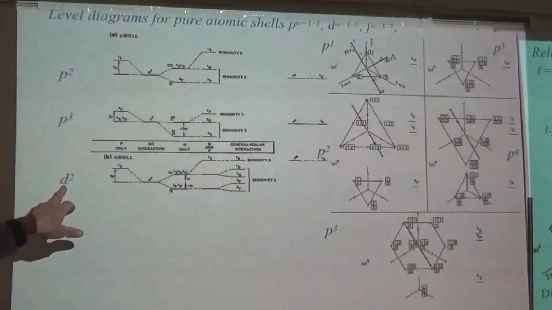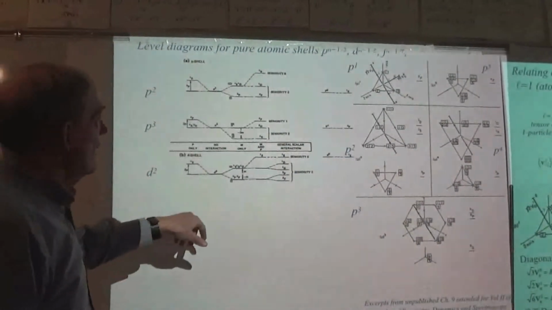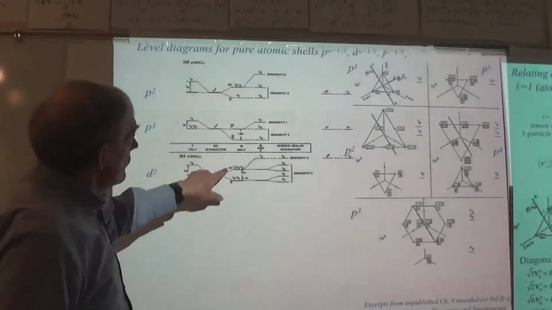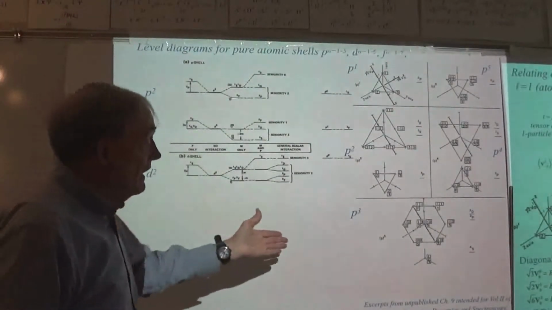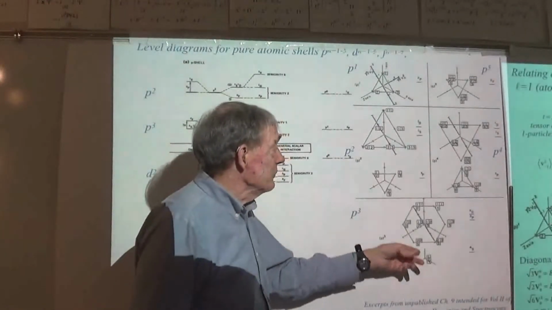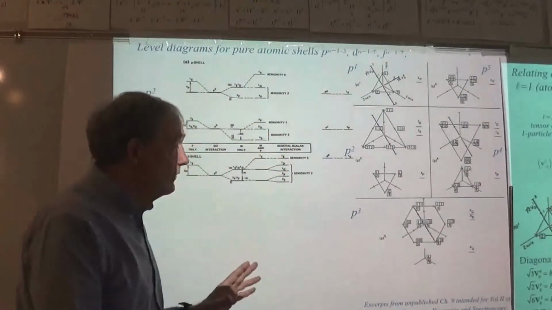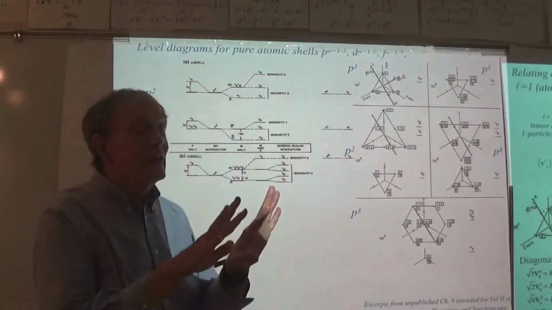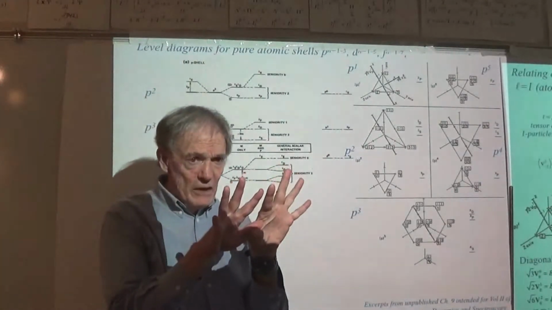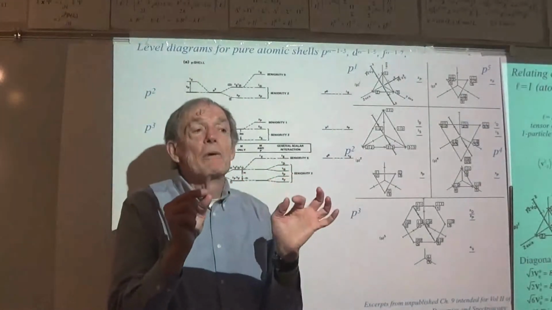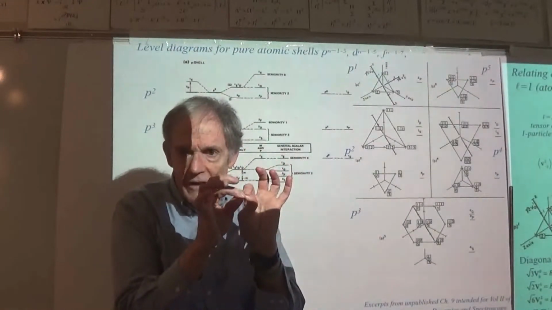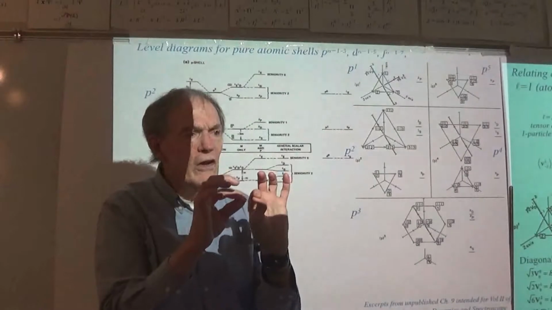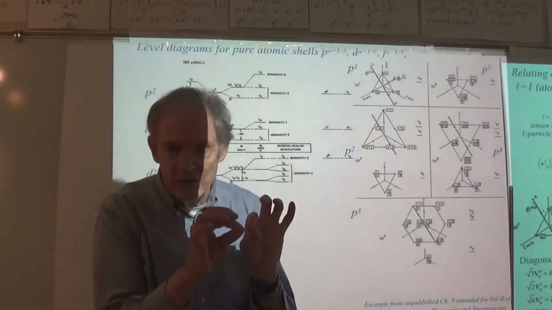Anyway, here's D squared, okay, and it's got this symmetric tableau and the anti-symmetric tableau. Now remember, the most anti-symmetric states have to be lowest in energy, because the more anti-symmetric the wave function is, the less the probability that any particle gets near any other one. The wave function is making nodes around being close.